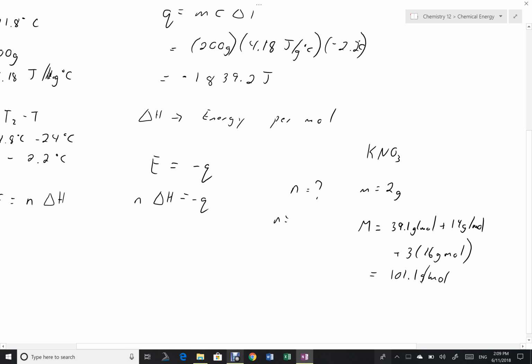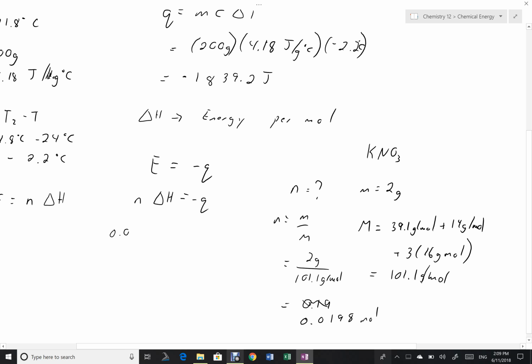So moles are equal to mass divided by molar mass. 2 grams divided by 101.1 grams per mole. And I get 0.0198 moles.